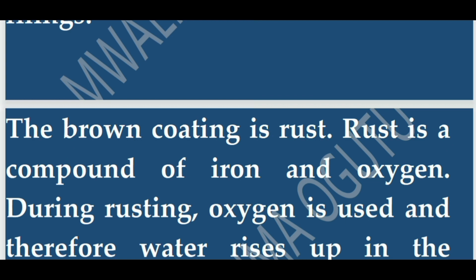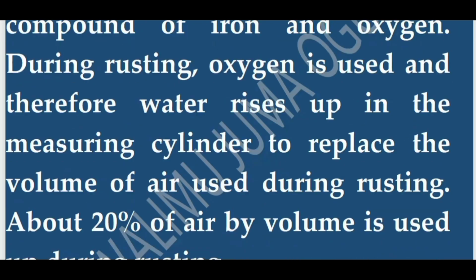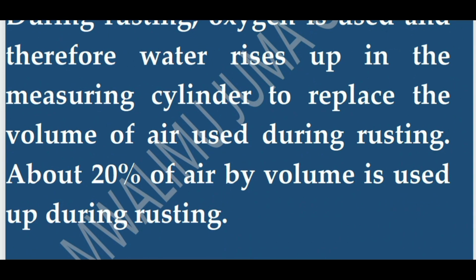During rusting, oxygen is used, and therefore water rises up in the measuring cylinder to replace the volume of air used. Remember, inside the measuring cylinder we had a mixture of air, and the active part of air has been used in rusting. Now there is a vacuum left, and the water rises to cover up the vacuum left after the active part of the mixture has been used in rusting.